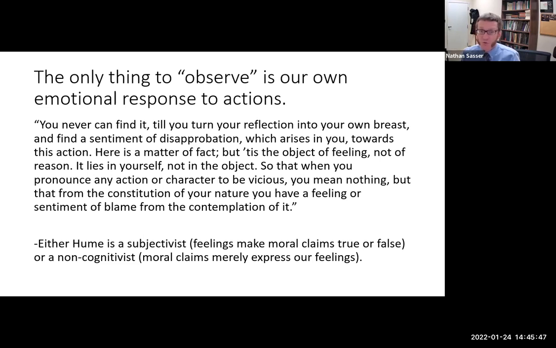He might be saying that our moral claims, murder is wrong, express our feelings towards the action. Either way, he doesn't think that there's any objective fact out there in the action itself that makes it wrong or bad. So he's a kind of anti-realist. That is Hume's third argument.